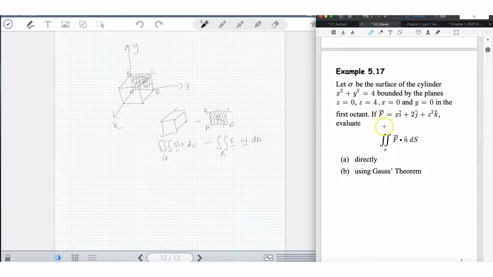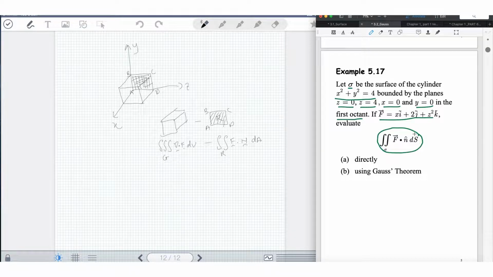In this question, let sigma be the surface of the cylinder given by this equation, bounded by the wall and the floor, and also z equal to 4 in the first octant. You have to highlight this. This is very important: first octant only. The vector field is given, and you have to evaluate the surface integral.